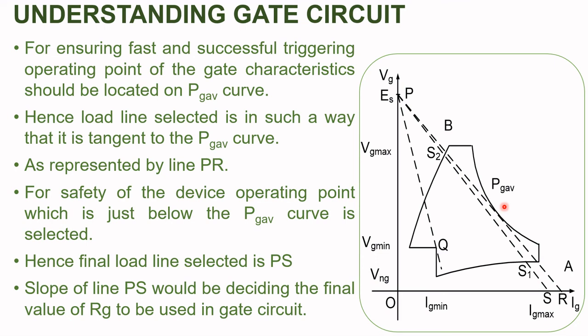Hence, a point a little lower than the PG average curve is selected as the operating point. According to that point, we have selected line PS as our load line. The slope of the line PS represents the value of gate resistance to be used in the gate circuit.